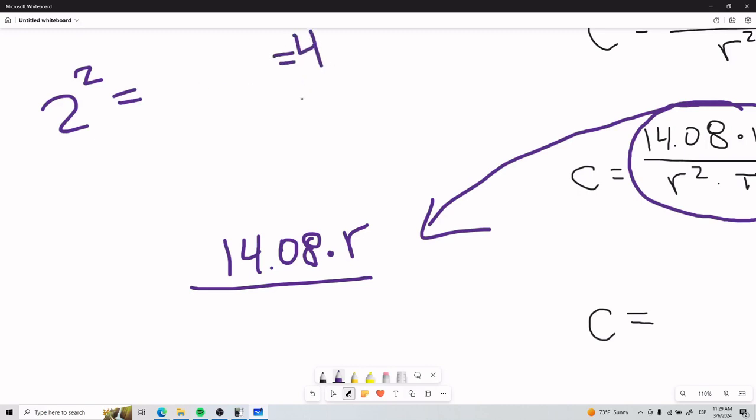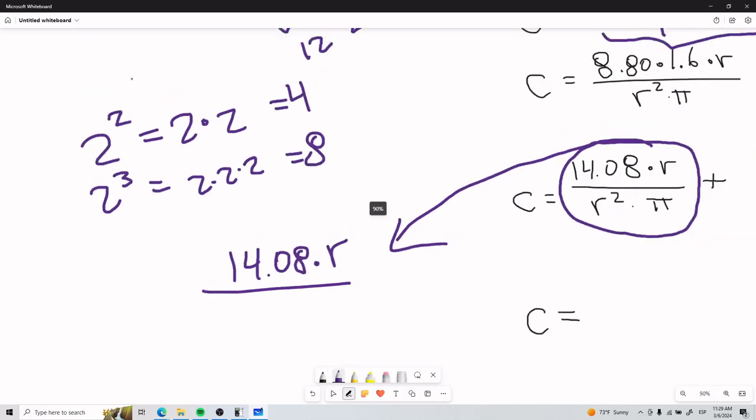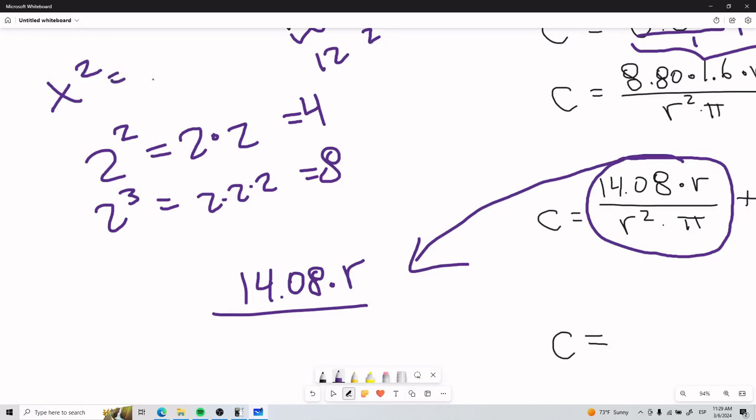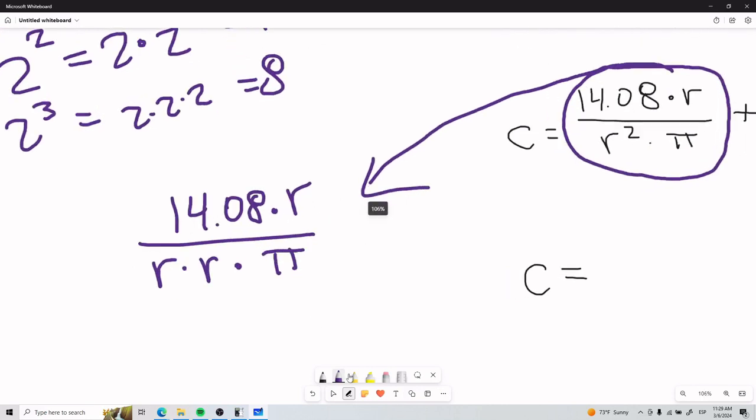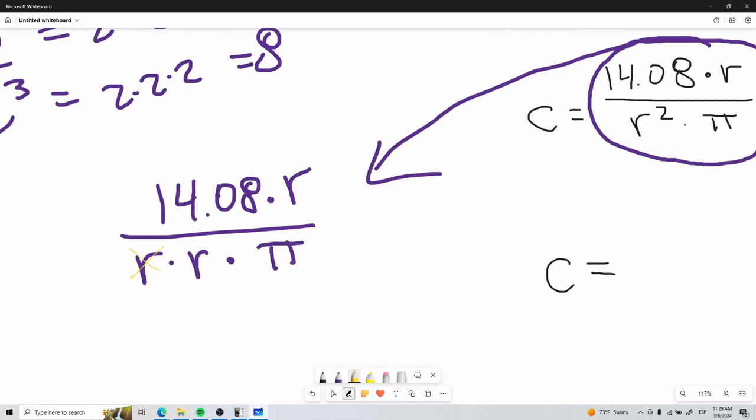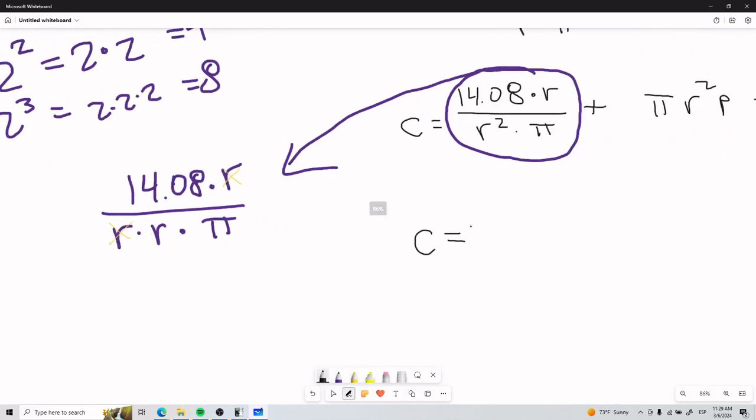Okay, yes, but what happens in between? You have 2 times 2. 2 cubed is 8, but what happens in between? You have 2 times 2 times 2. So if you have x squared, it's the same as x times x. All right, cool. So down here I have R squared, which is the same as R times R. And here goes the pi. Why does this help? Because now I understand that this goes away with this. You end up with C equals 14.08, I have 1 R left on the bottom times pi.